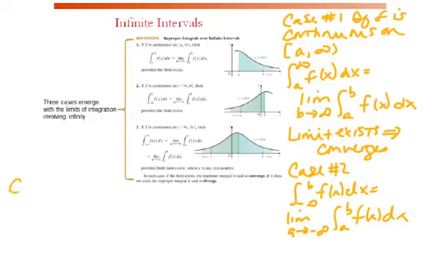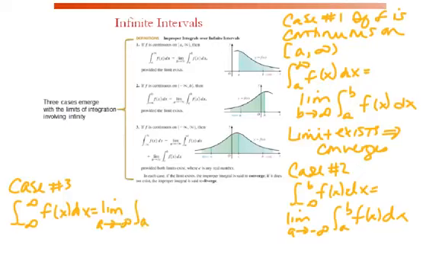And the final case is when we have two limits of integration that are infinite. So we're going from negative infinity to infinity. And what we're going to do here is break it up into two individual integrals. So we're going to let a go to negative infinity, integral from a to some point c, where c is just any real number.